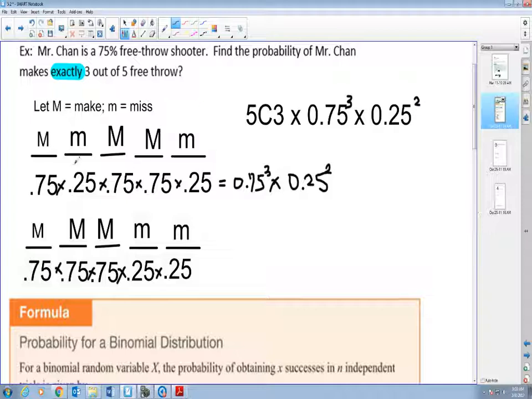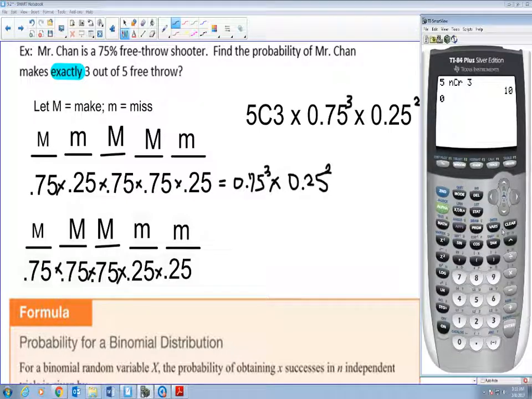I should have 10 of these: 1, 2, plus the other 8 ways. Every one of these ways has the same probability; the computation is all the same. So I actually need to add up all 10 different ways. Rather than add this same thing 10 times, I can just multiply by 10.